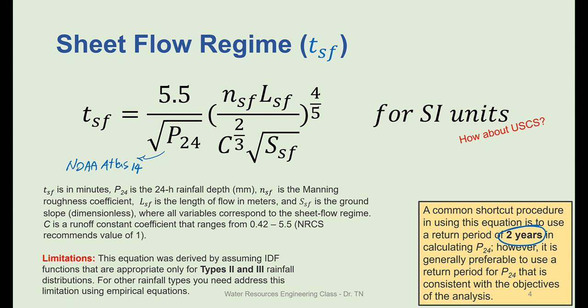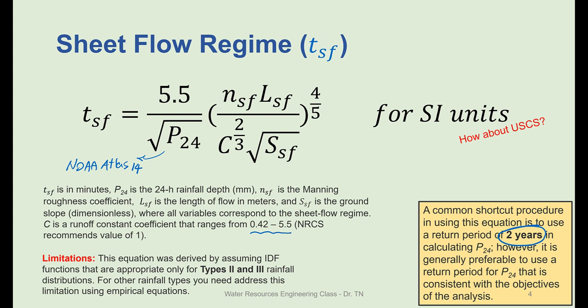And the other thing I want to talk about is this n over here in the numerator, which is the Manning's roughness for the surface. L is the length of the flow, S is slope, and C is a runoff coefficient, a runoff constant that varies from 0.42 to 5.5.